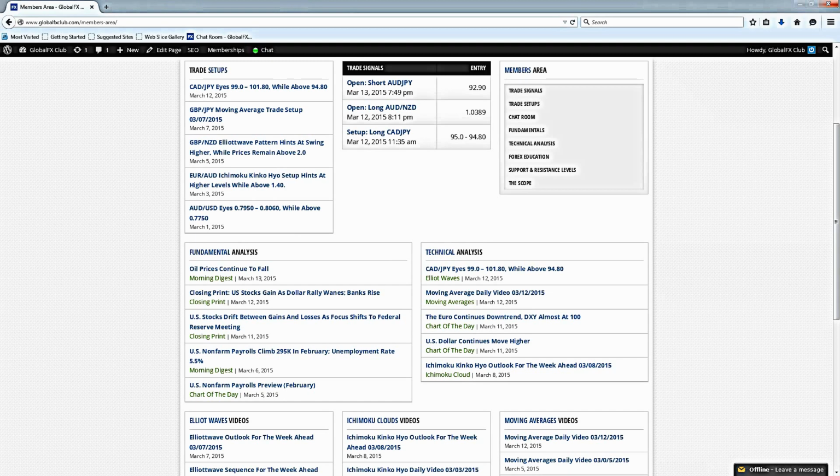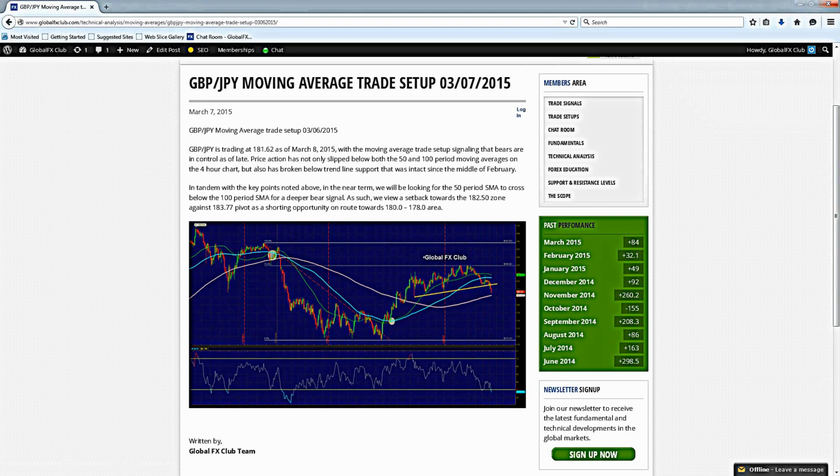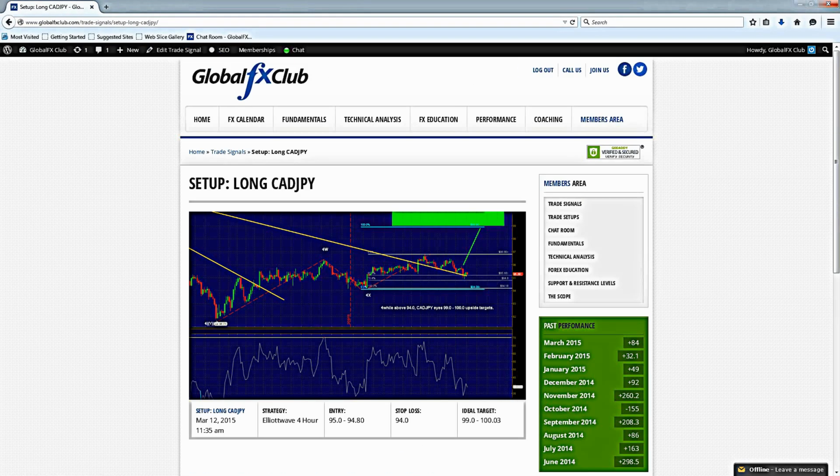And one thing we're going to start to do more of is, in addition to our open trades, we'll also put different setups in the signal area, and we'll also leave the setup articles here too. The setup signals are different in that if you click on, let's say, this article here, pound yen moving average trade setup, it gives you more detail, etc. Whereas this is literally just a setup, clear cut.